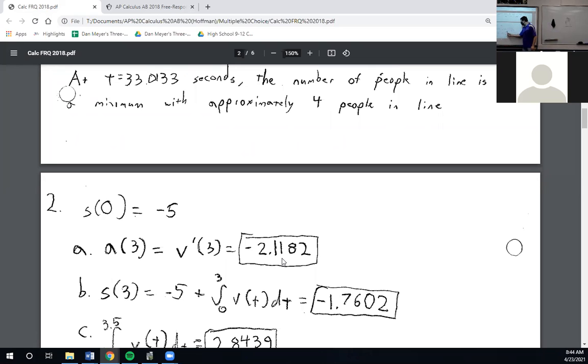So I want the integral from 0 to 3 of the velocity, and I need to factor in that starting point of -5. So we started at -5. Here's how far we moved between 0 and 3 from that -5, which winds us up at -1.76.